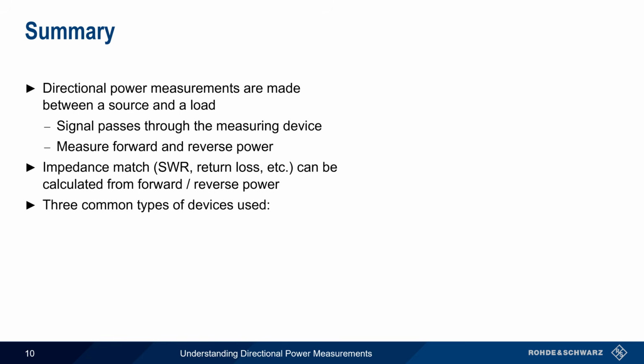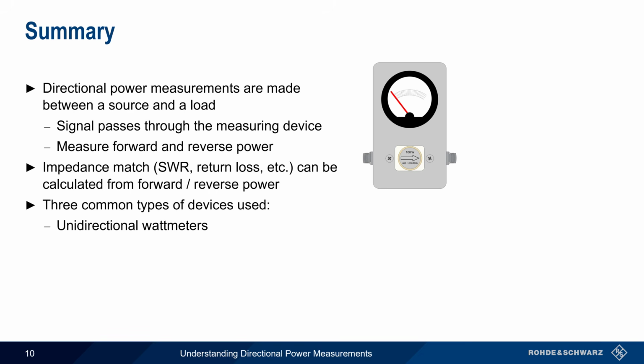There are three classes of devices commonly used when making directional power measurements: unidirectional wattmeters, which only measure in one direction at a time, are the oldest and most basic devices still used for measuring directional power.